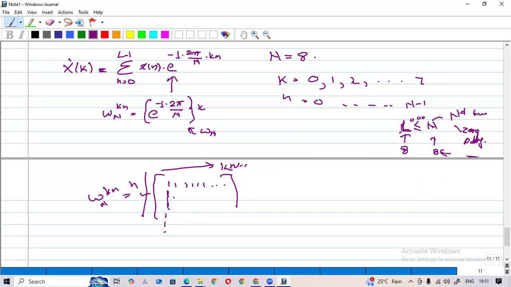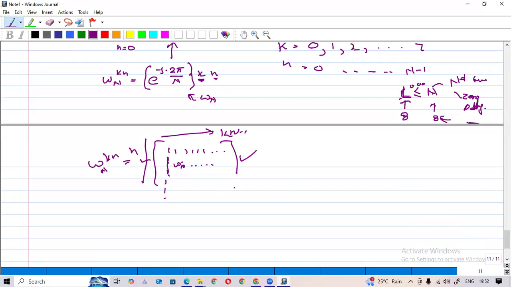And from here you will be having some values. You can calculate that value by putting k and n values, and by putting k and n values you can generate this matrix. I will show it.